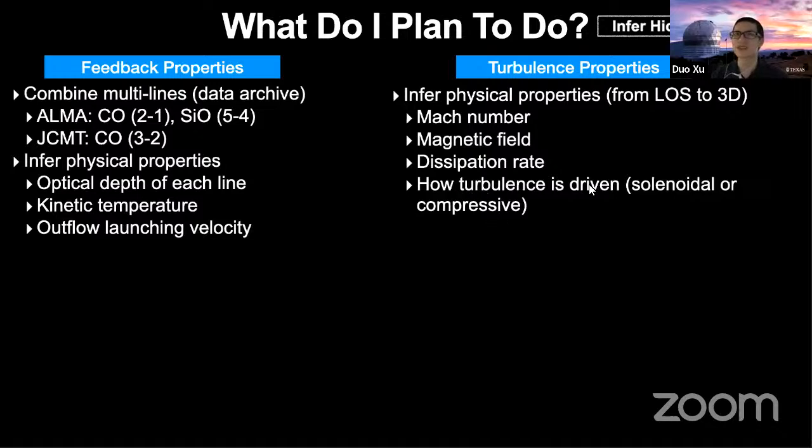Turbulence is difficult to quantify in observation because we don't know the full three-dimensional density field or velocity field. In simulation, it's really straightforward to quantify how turbulence is driven, solenoidal or compressive. But in observation, we only have part of the density and part of the velocity. It's projected PPV data. So machine learning might give us some hints on how feedback drives turbulence.